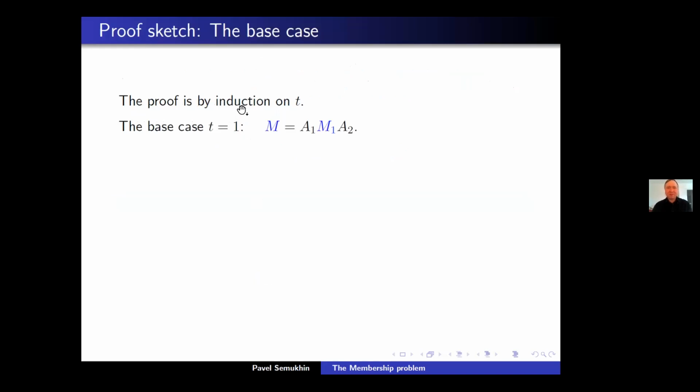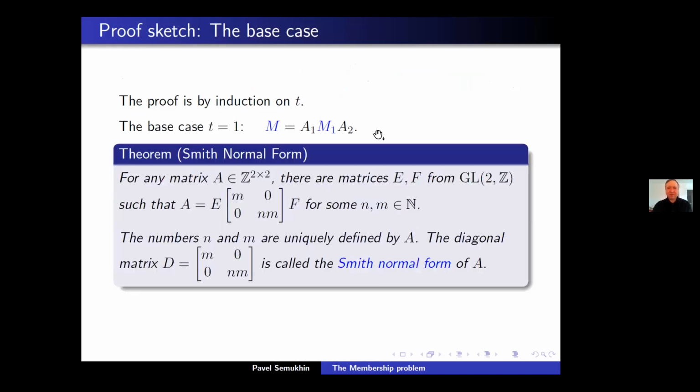So for T equals 1, we have this simple equation: M equals A1 times some M1 times A2. To solve our problem for this type of equation, we will use one result from algebra. It's called the Smith normal form theorem. And for 2x2 matrices, it looks as follows.